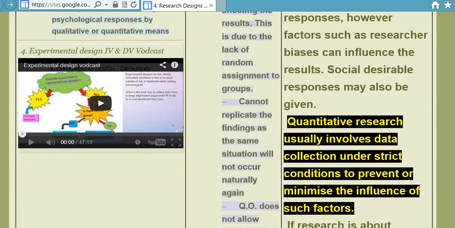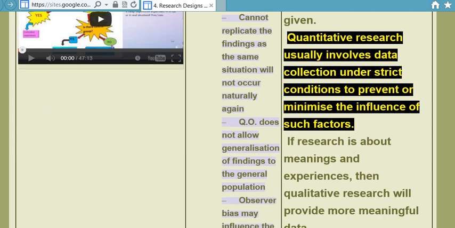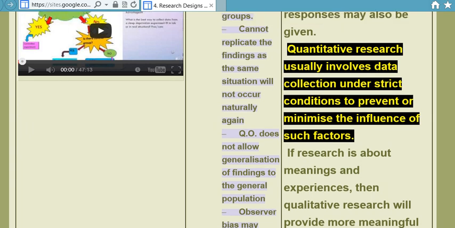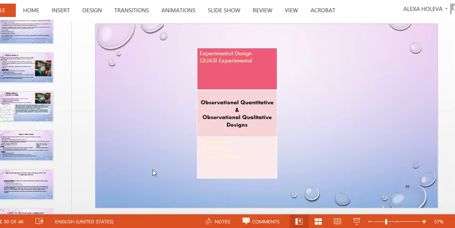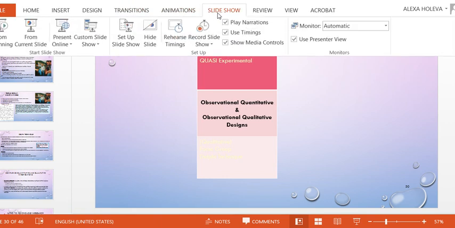So you really need to know, and that's why I have requested you to do that in your table. You need to know the characteristics of each design plus advantages and disadvantages. If you have that in your mind plus an example, you will be ready to ace the exams.